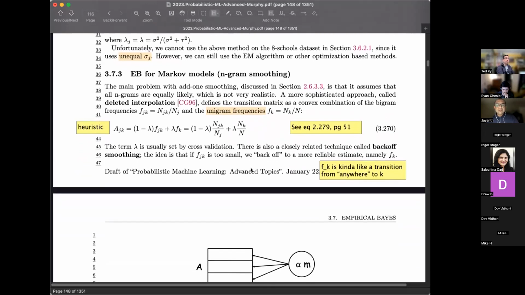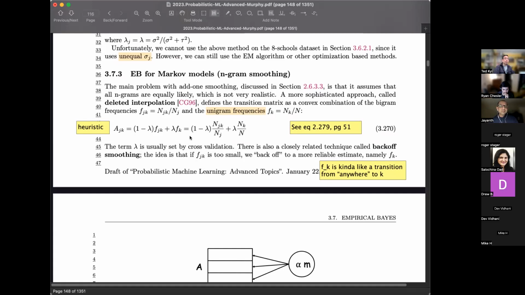Markov models. So I'm trying to remember this thing. Yeah, so this is an interpolation that he introduces, deleted interpolation or back-off smoothing.